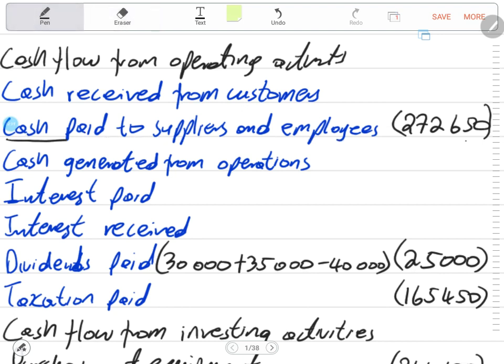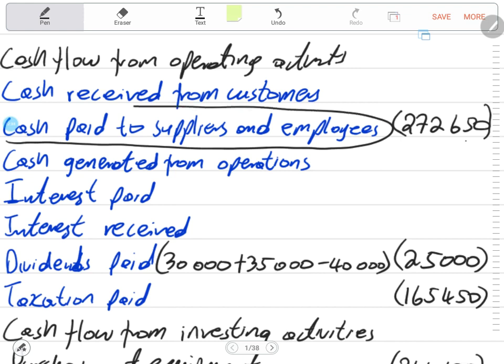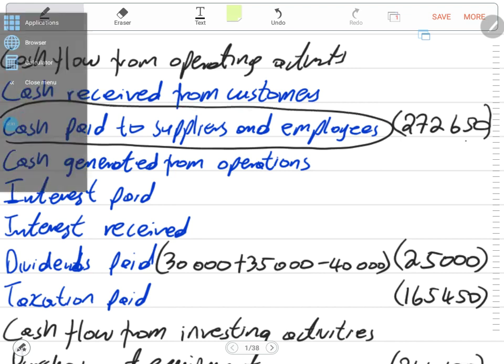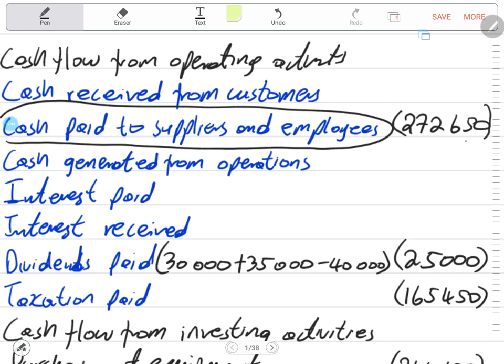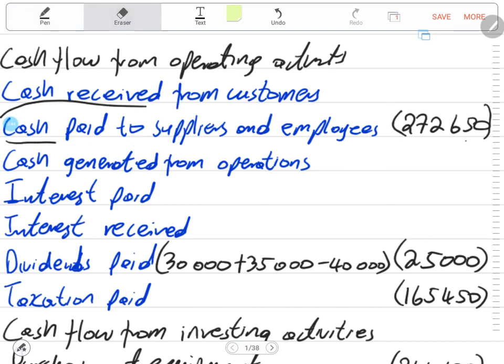In the other question on cash flow that I previously recorded, called example 4, page 1237, check that we were required to calculate this cash paid to suppliers and employees using the direct method, and there we were using the ledger account. We divided our suppliers into two: those who supplied us with inventory and those who supplied us with other forms of supply.